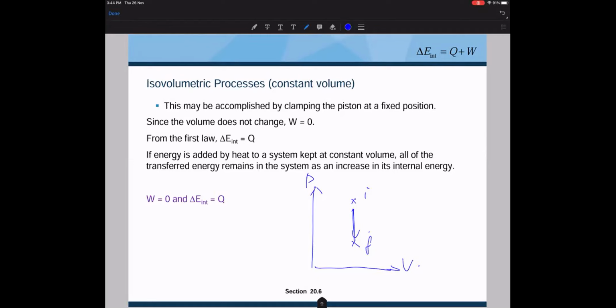So according to the first law, delta E must be equal to Q because W is basically 0. There is no change in volume, so the system does not work on the surrounding, or the surrounding does not work on the system. So that is the second case.